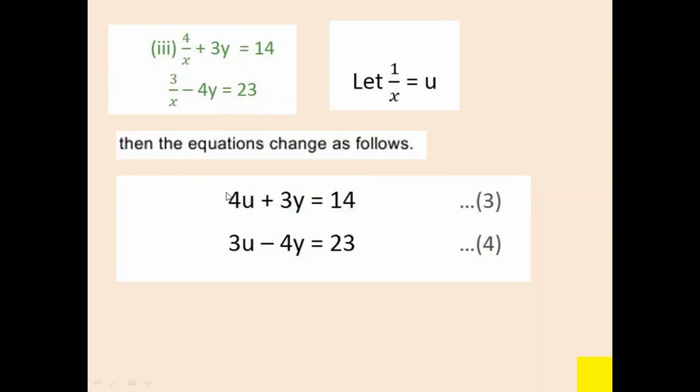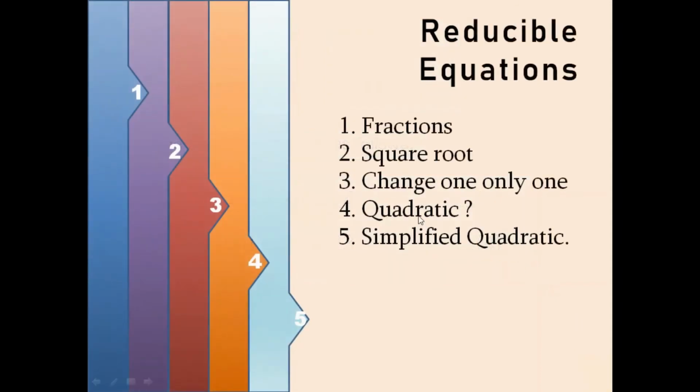Once you solve them, you get the values of u and y. For u, you take a reciprocal because x is the reciprocal of u. So whatever value comes for u, the reciprocal will be the answer for x. Right. So now we've understood the first three.